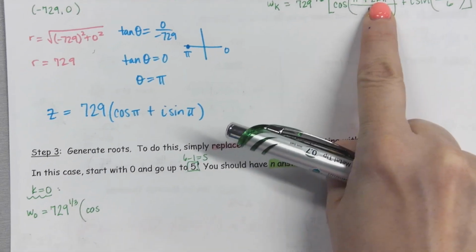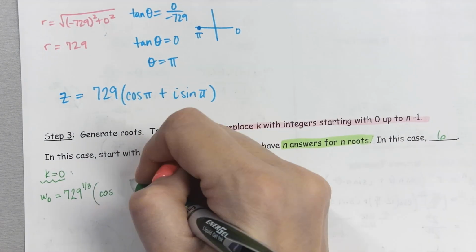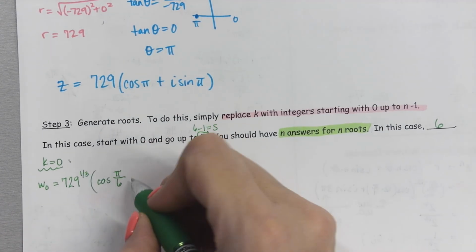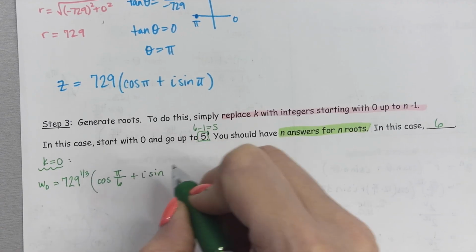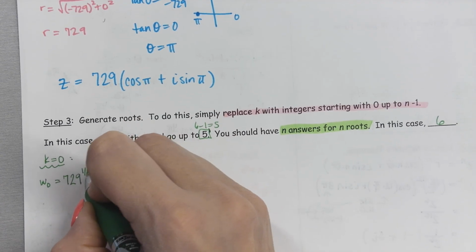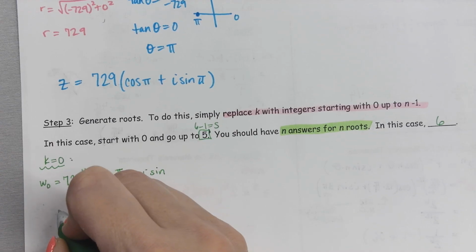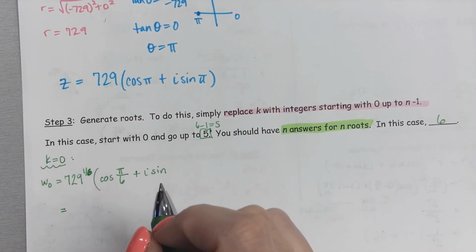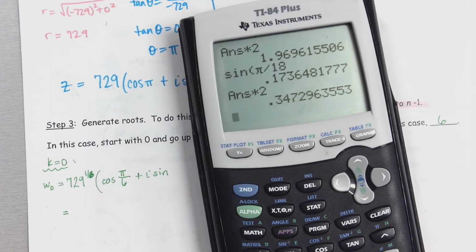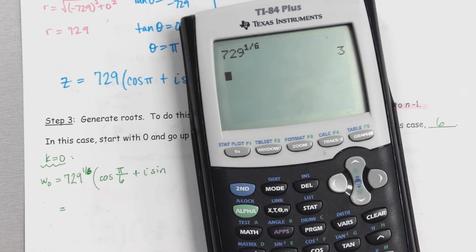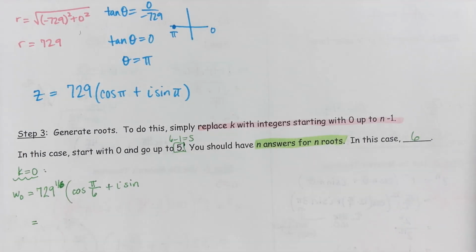If I plug in 0, it's pi plus nothing, so it's just pi over the value of 6. Oh, sorry, it's 1/6. And guess what the answer is for 729 to the 1/6? 3. So 729 to the 1/6 is 3, and sometimes I get a little ahead of myself. And that's what we're going to write down in the next step.